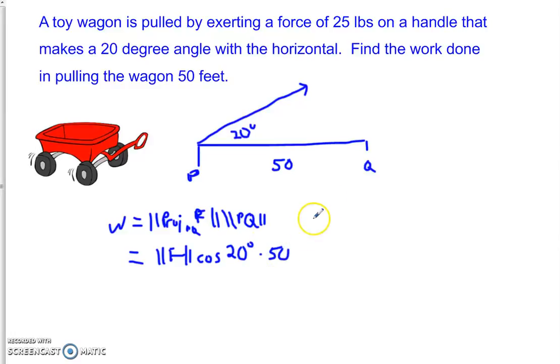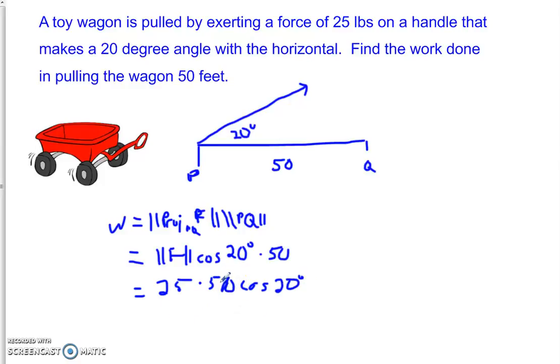So what is F? Well, that was 25 pounds, so this simply becomes 25 times 50 times the cosine of 20. Really a pretty slick way to do this, so it's worth figuring this out.